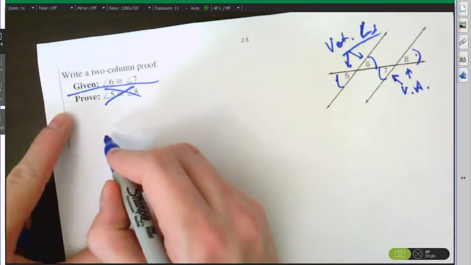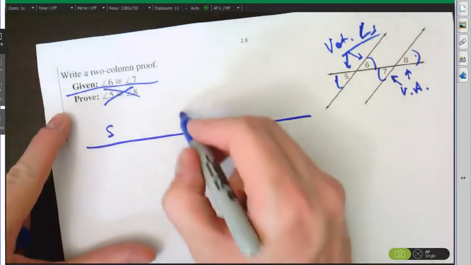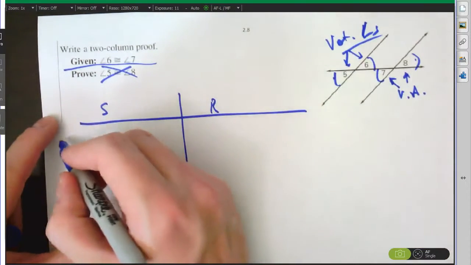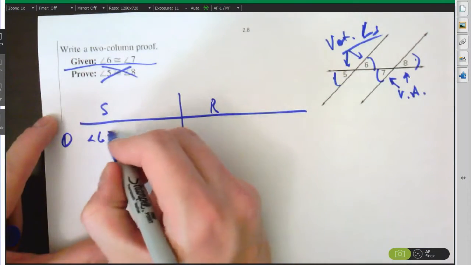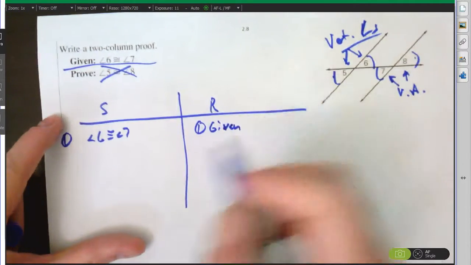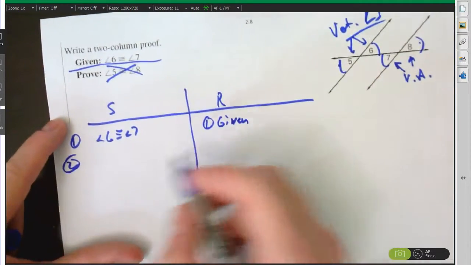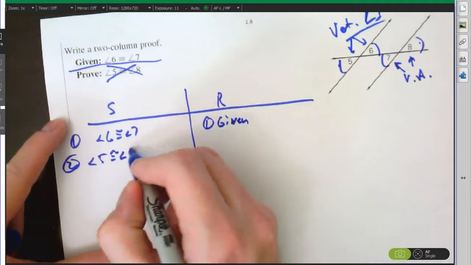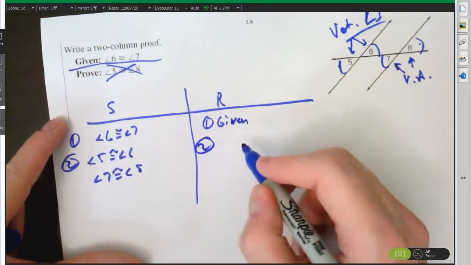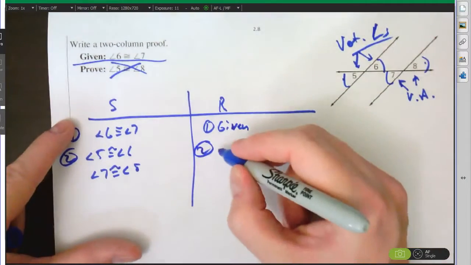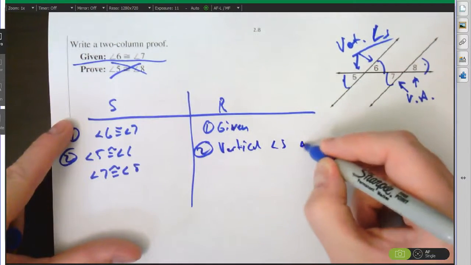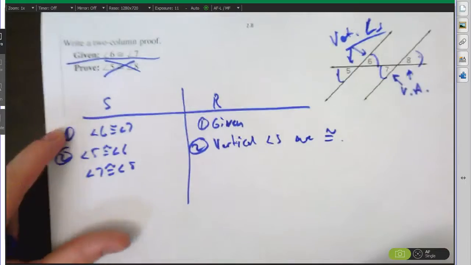This is a pretty simple proof once you make that jump, but you've also got to know all those things. So 1, angle 6 is congruent to angle 7, given. 2, we can do this in one step here. Angle 5 is congruent to angle 6. Angle 7 is congruent to angle 8. That's the vertical angles theorem, or you can say vertical angles are congruent.